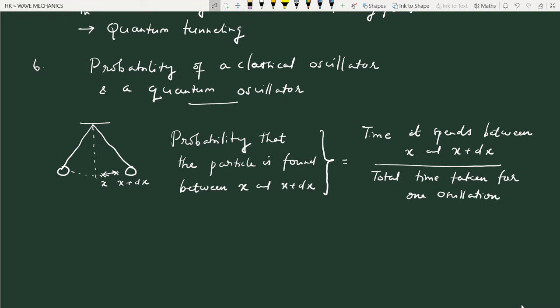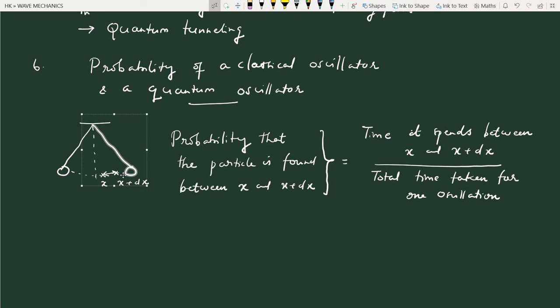Consider this figure. Let's say the total time taken for one oscillation is 1 second. Then out of 1 second, a few milliseconds it spends between x and x plus dx. So out of the total time of 1 second, how many milliseconds does it spend between x and x plus dx? Out of the total time, how much time? That gives the probability, right?